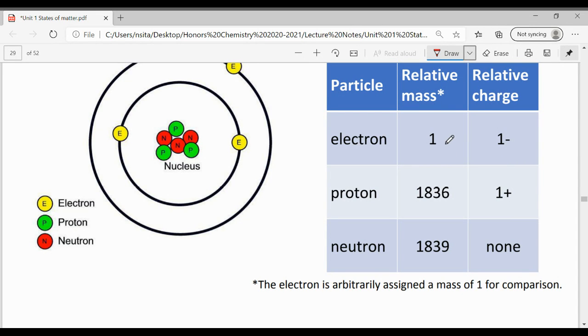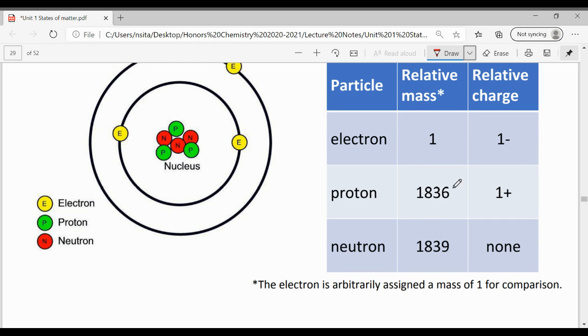Now let's take a look at the mass. It is kind of difficult to compare the mass by just looking at the actual mass, because the number doesn't look too pretty. So what we're going to do is set the mass of the electron to be 1, and then use this relative mass.